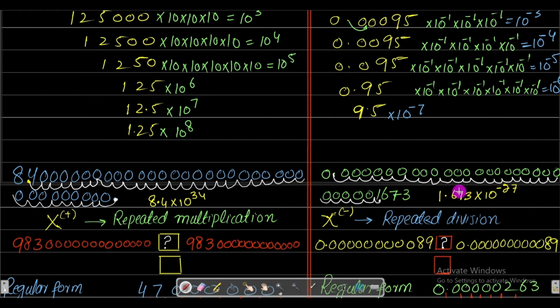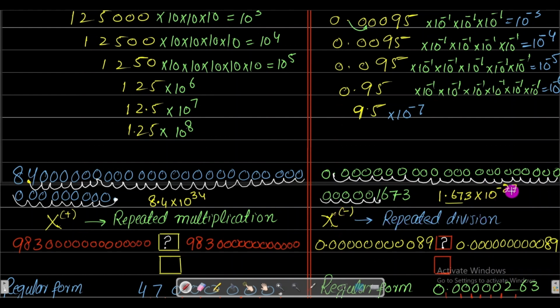So here this number can be written in this form, and this is now the easy way to write, and the chance of mistake is less here. So the general form is that if we consider this mantissa as x, and the power is now a minus number, it means that it is repeated division.